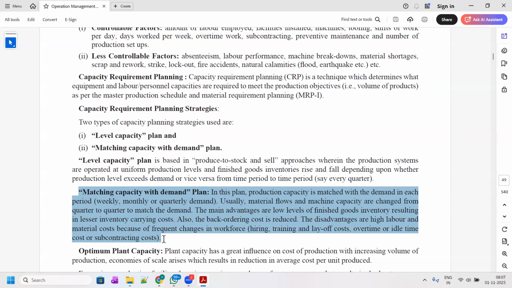A disadvantage can be that you have to do frequent hiring, and the variable cost will increase. In level capacity plan, fixed cost we are increasing, variable cost we are reducing. In the case of matching capacity with demand plan, we are focusing more on variable cost, less on fixed cost.